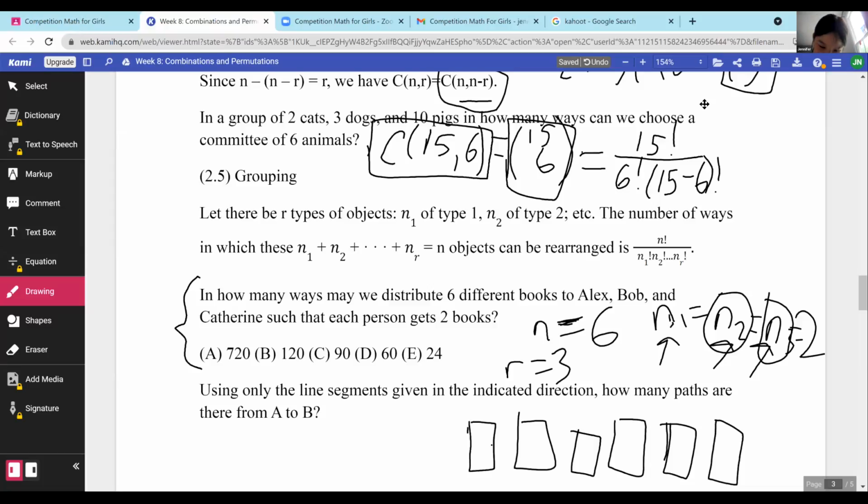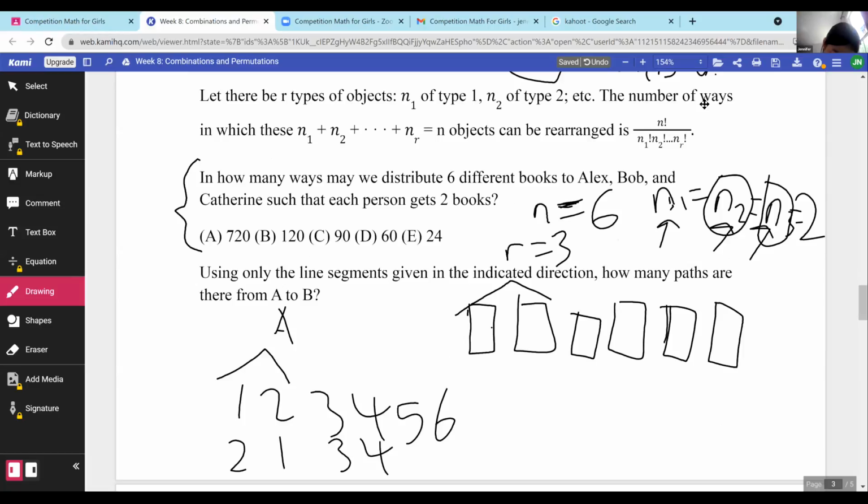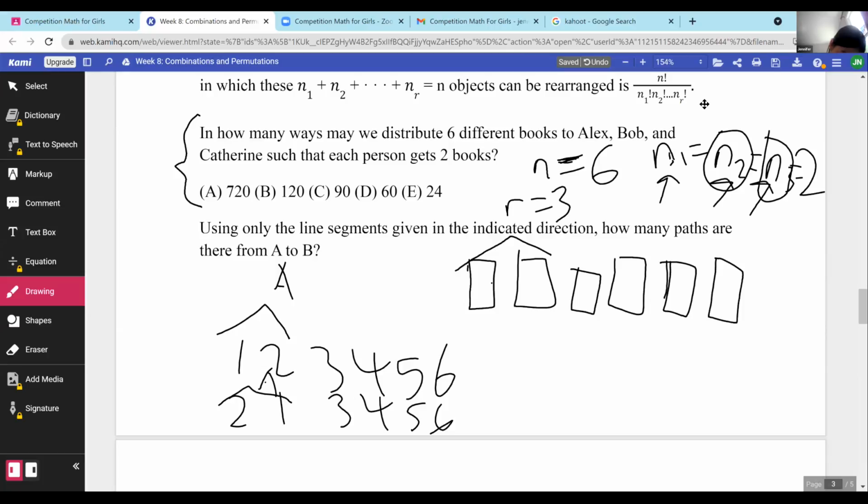So we consider books the same type if they go to the same person. If you arrange them as 1, 2, 3, 4, 5, 6, then 1, 2 go to Alex, but if you arrange them as 2, 1, 3, 4, 5, 6, these 2 still go to Alex, so they are the same.